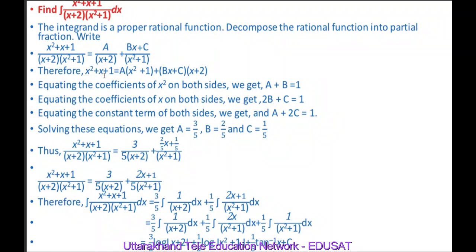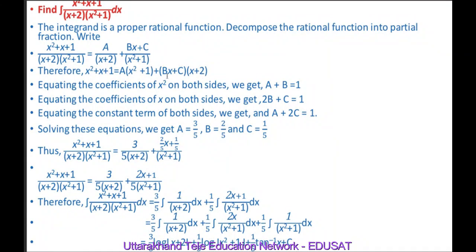Now the coefficient of x on the left is 1. On the right, in the first term there is no term of x, so 0. For the second part, it is better to multiply it first if you have some problem, but I am writing it directly.